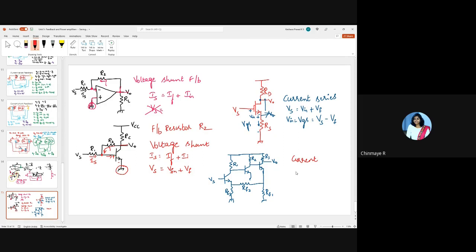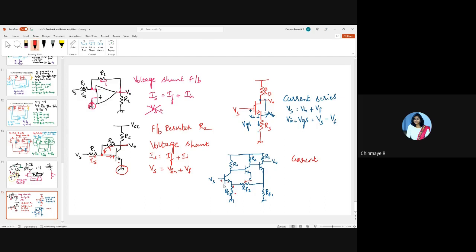Now we'll have to see if it is series or shunt. Now here, are you feeding back something through a resistor back to the input or across a resistor back to the input? Of course, you're feeding back current through RF2, which is the feedback resistor, but this is not fed back to the input. So what is being fed back here is nothing but the voltage across RF3.